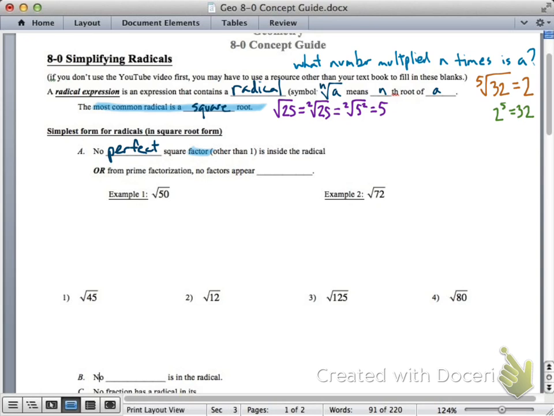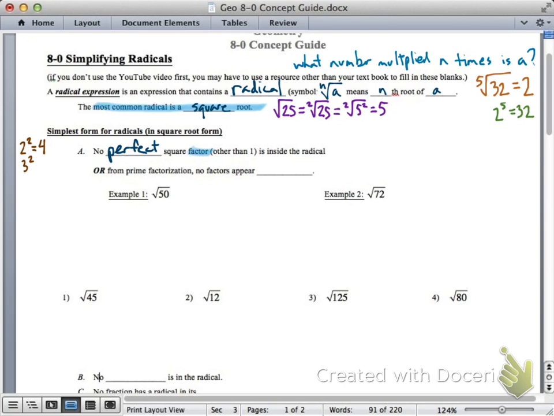There are a couple of rules, 3 rules really, that we've got to follow for simplifying radicals. The first one for putting radicals in simplest form: you cannot have a perfect square factor other than 1 inside a radical.